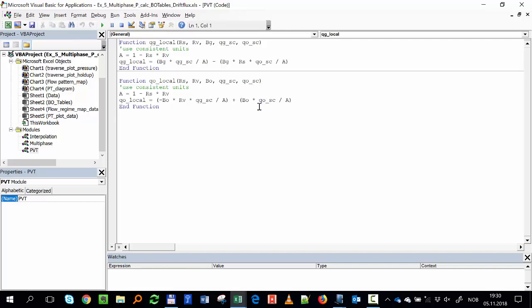You give RS, the small rs, sometimes called RV, BG, standard condition gas and standard condition oil, and you calculate QG local and QO local. So let's use those equations for that column.